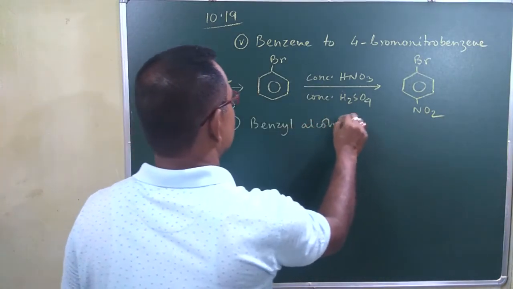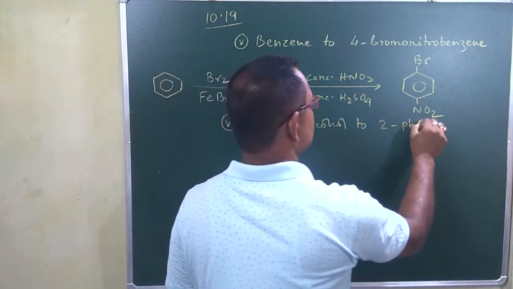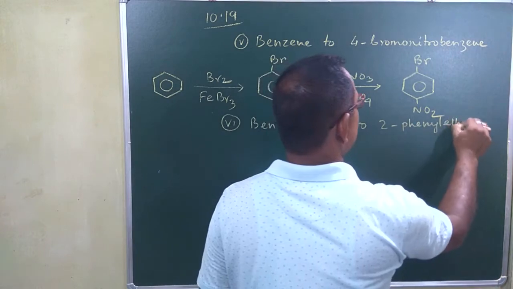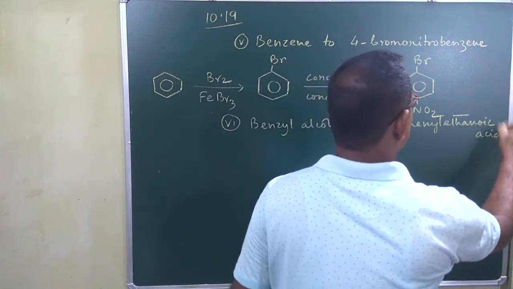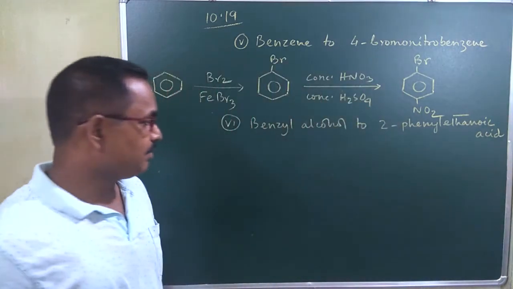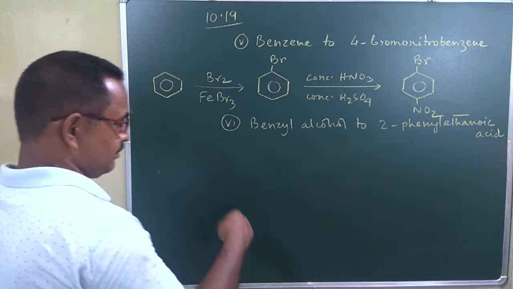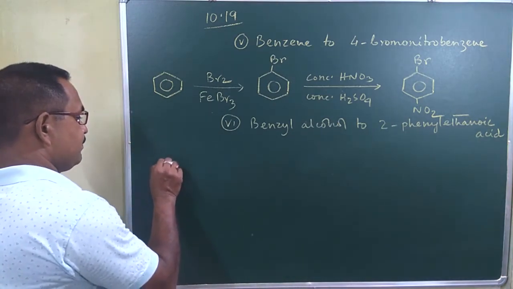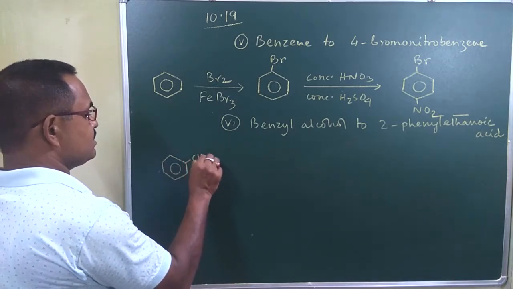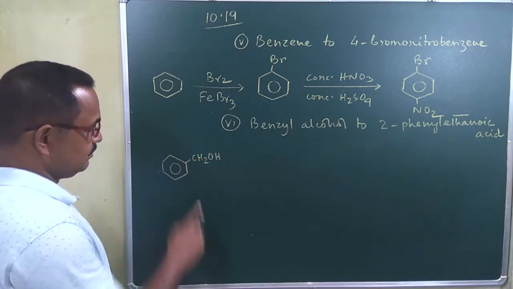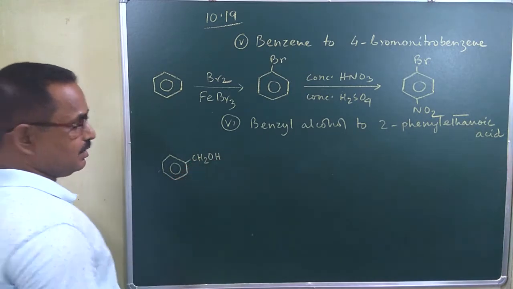Benzyl alcohol to 2-phenyl ethanoic acid. See, this is benzyl alcohol, because hydroxyl group is attached at the benzyl position.